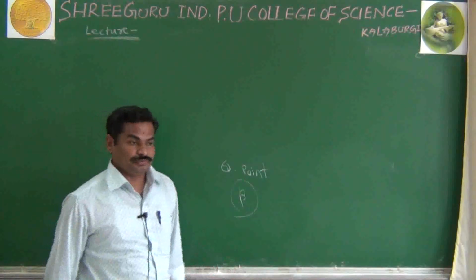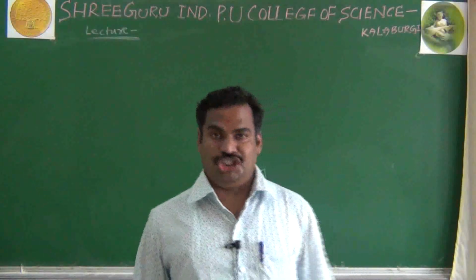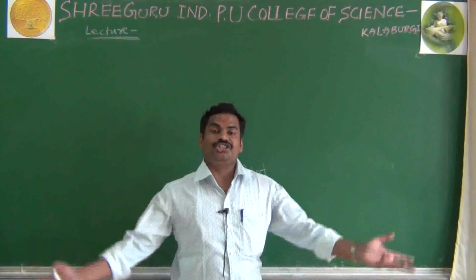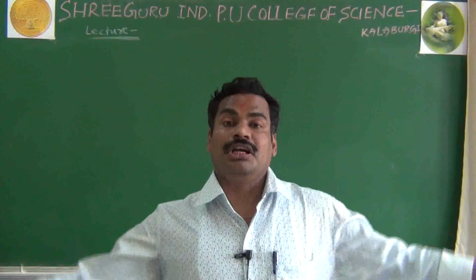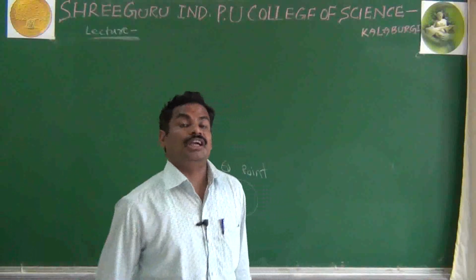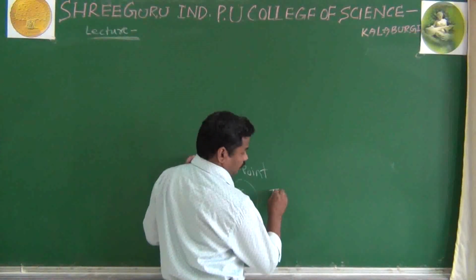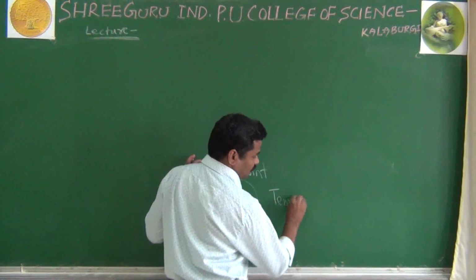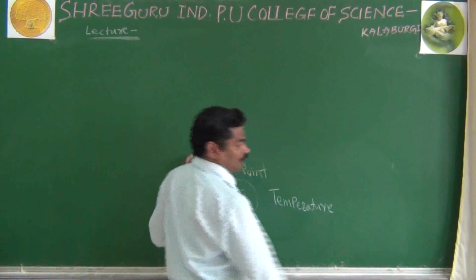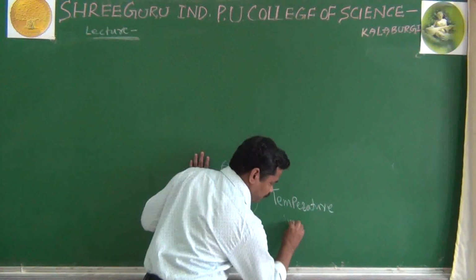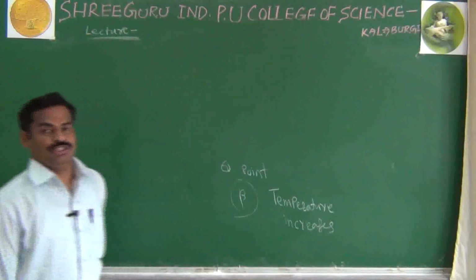And I also said another important thing: if the temperature increases or decreases, the Q point may also change, and we do not get stability of the collector current. If the temperature increases, then what happens?